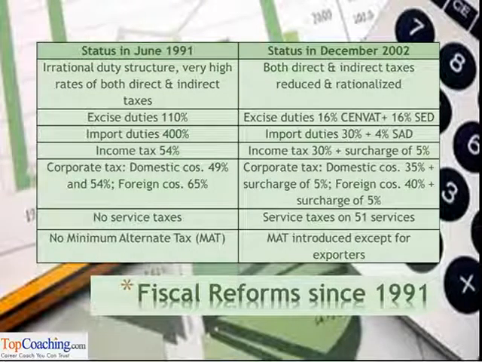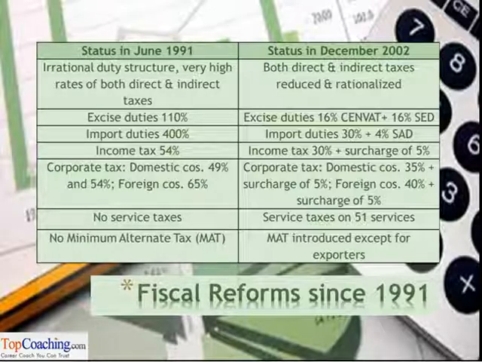If we compare the fiscal policies of the Government of India in June 1991 to those in December 2002, we will find that in 1991, the duty structure was irrational and the rates of both direct as well as indirect taxes were very high.